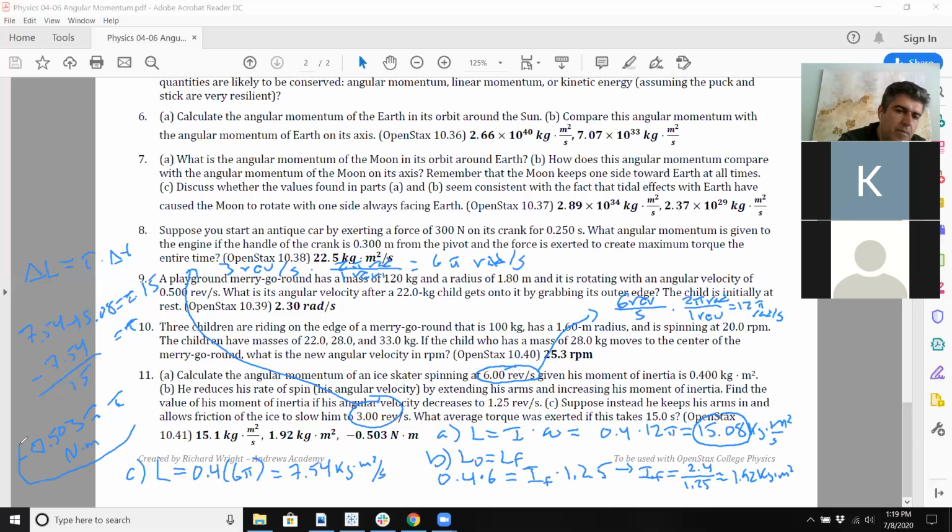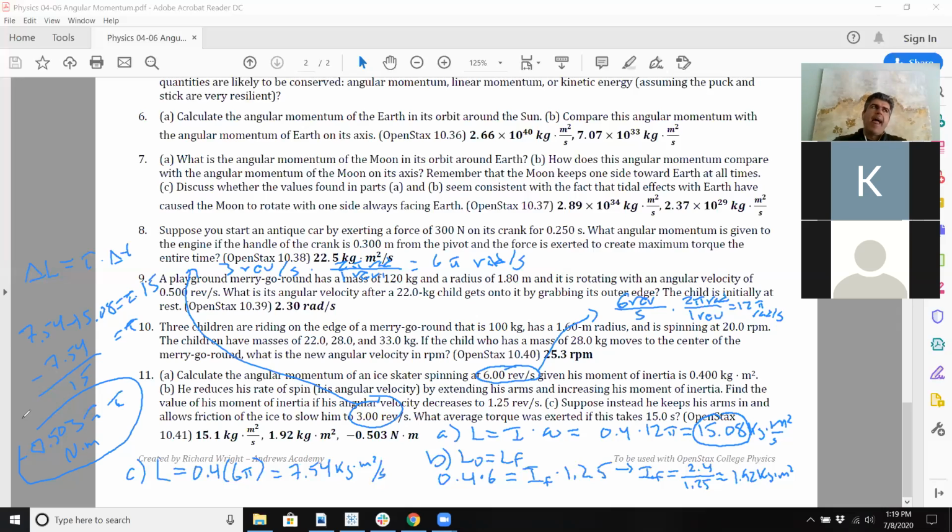Mr. Almashny? Yeah, good. I was trying to do number 10, and I think I might have figured out what I did wrong. You figured out what I did wrong? Yeah, I think it's 1/2, and then the mass. But I think the only thing that's halved is the mass of the merry-go-round, and the children's masses aren't halved.